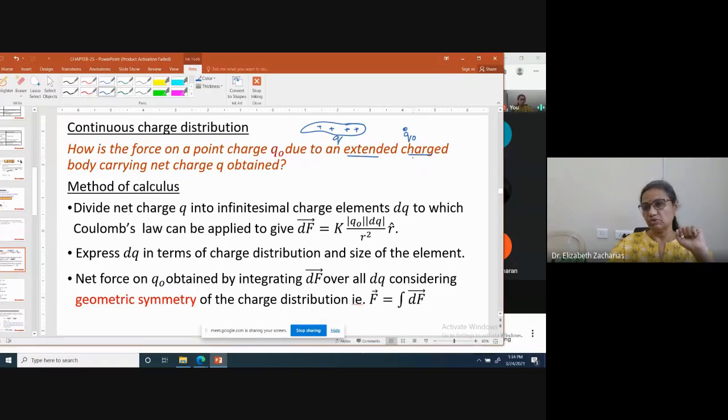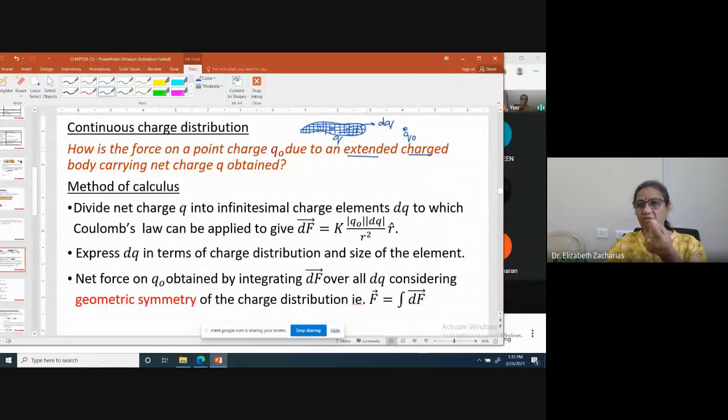So what do you do then? You have to use the method of calculus. You will have to differentiate. You have to actually divide this big object into a number of small convenient elements, so small that each of them carries a charge dq.